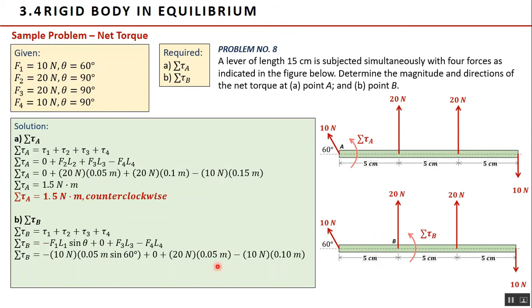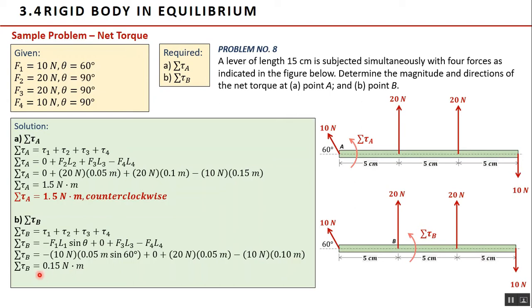Then, the torque produced by F2 is 0 because this 20 newtons already hits the fulcrum B. Then, plus the counterclockwise torque produced by F3, positive 20 newtons times 0.05 meter. Then finally, the negative clockwise torque produced by this 10 newtons, multiplied by its lever arm from point B, 0.10 meter.